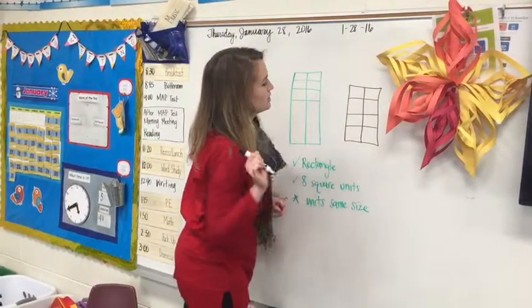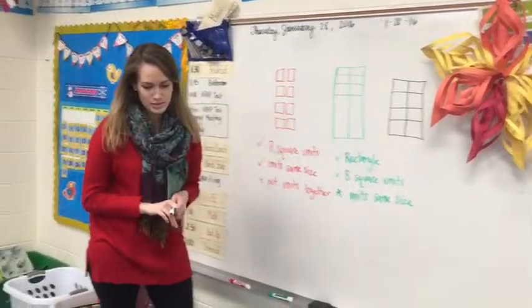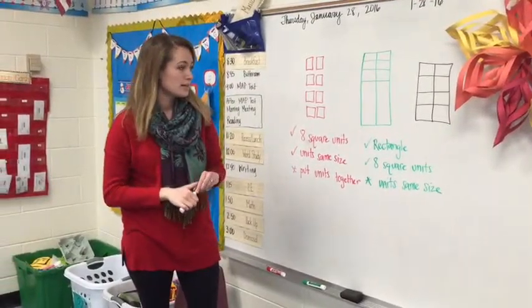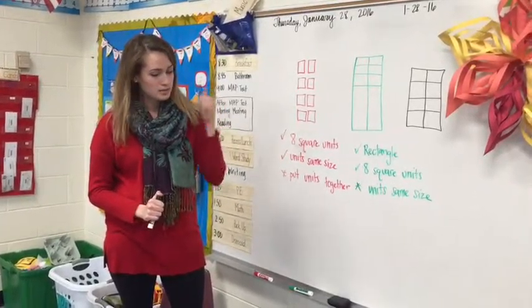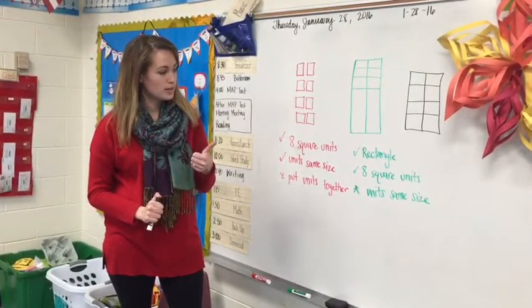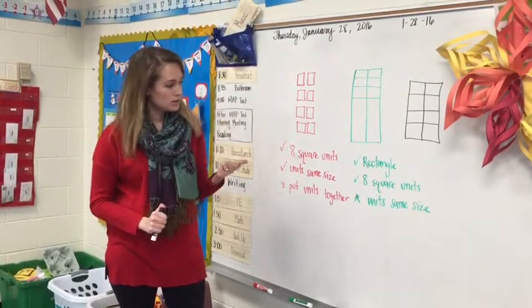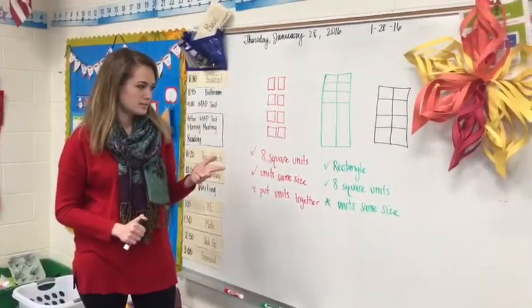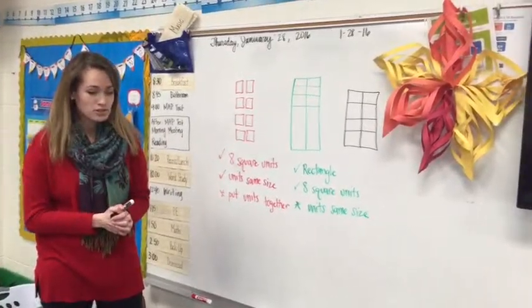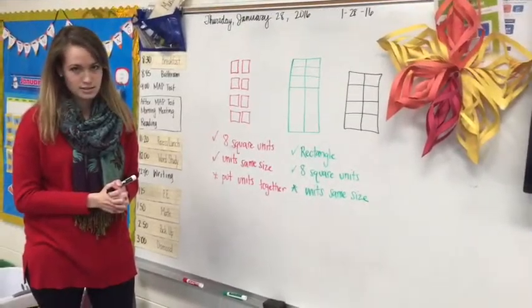Pretend those are square units. For the most part, those square units are square and the same size. But do they fulfill everything that we need? Are there 8 of them? Yes. Check. Are they put together in a rectangle? Yes. Check. And are they all pretty much the same size? Yes. All right, so that's solve and share 6-3.